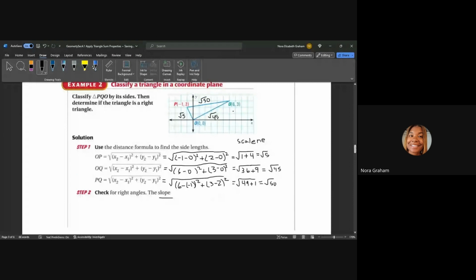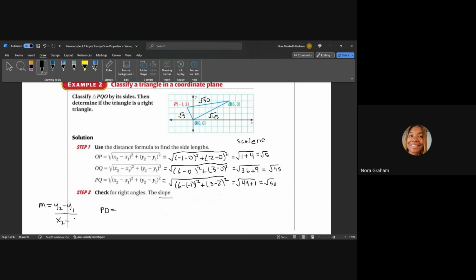So let's test out PO first. So let's find the slope of PO. Right, in my past video, I have the formula for a slope. Slope is just your difference in y's over your difference in x's. So that would be m equals y sub 2 minus y sub 1 over x sub 2 minus x sub 1.